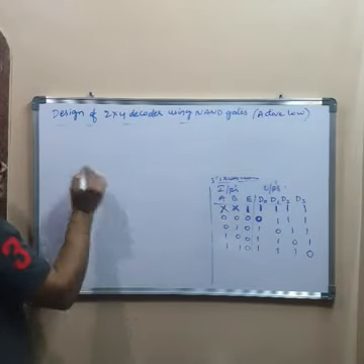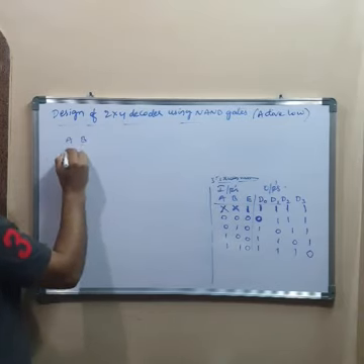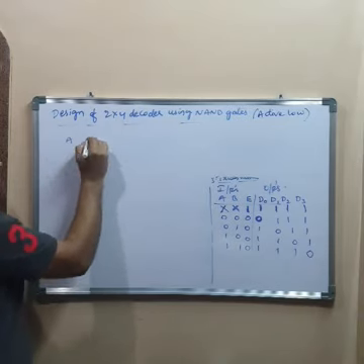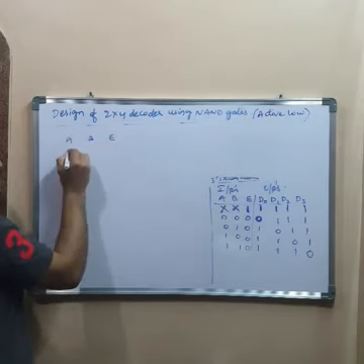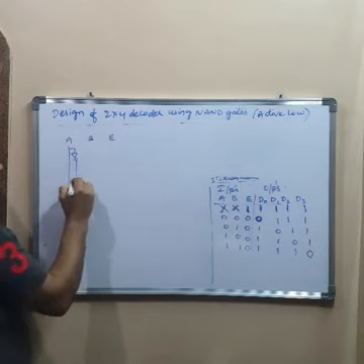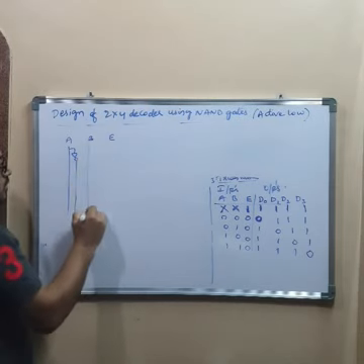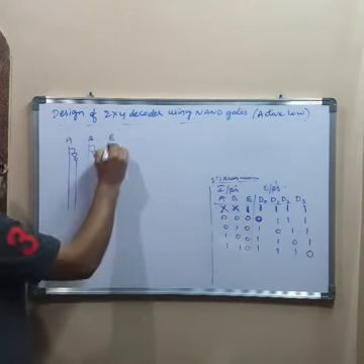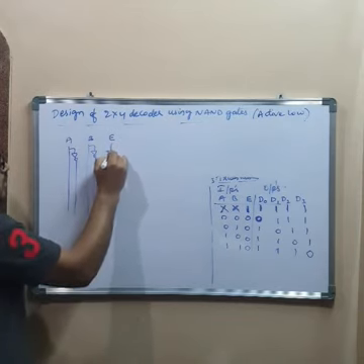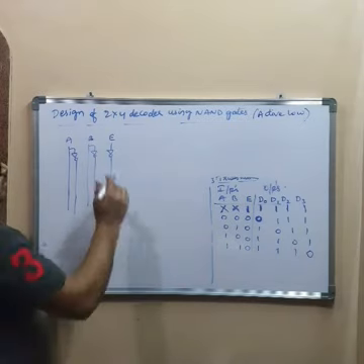See, there are two inputs. I will consider A, B, and there is only one active low enable input. True variable and complemented variable. Next, true variable and complemented variable, and only the active low enable input.